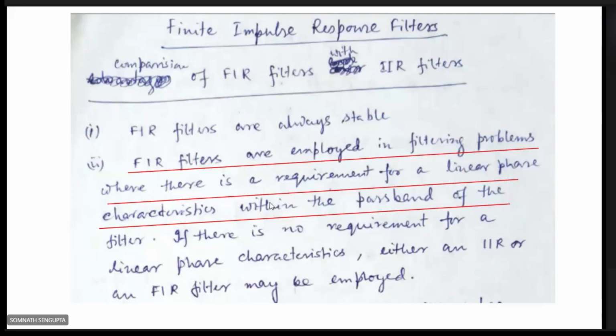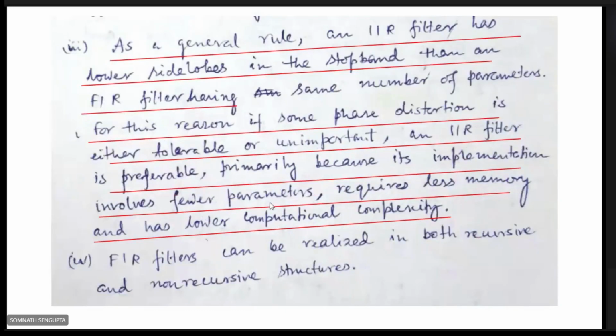Although IIR filters have other advantages like easier implementation and lower side lobes. In the IIR system, side lobes are lower, but the FIR system has higher side lobes. But in the IIR system the phase is not linear. The advantage is that implementation is easy for the IIR system. So there is some comparison between FIR and IIR filters. We must go through this.